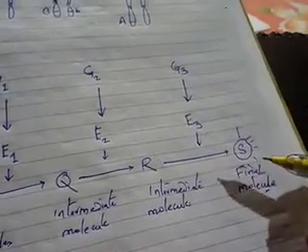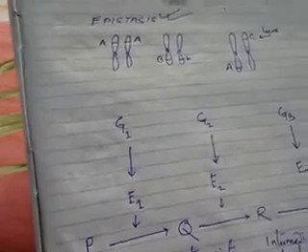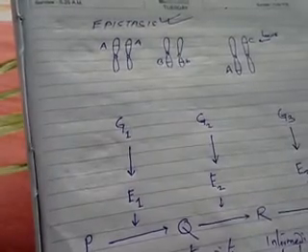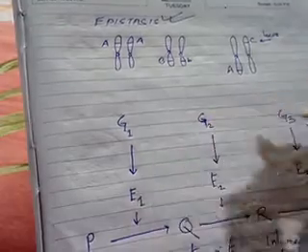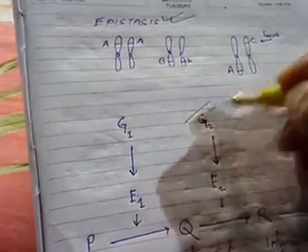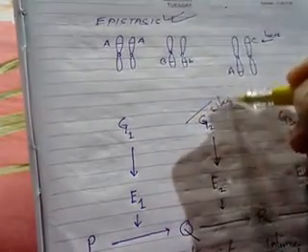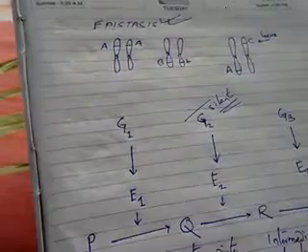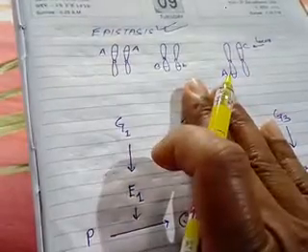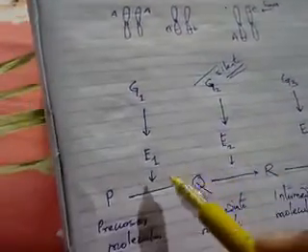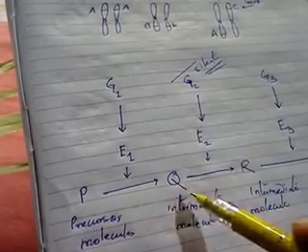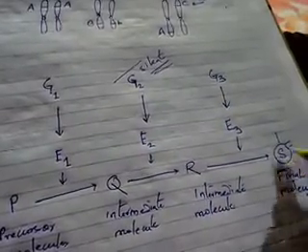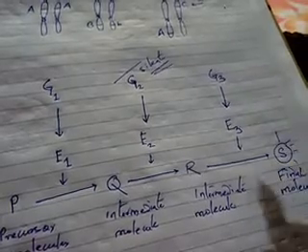But here, suppose the G2 gene remains silent, then the precursor molecule which has been converted to Q will not be able to convert itself into S. That means the final product S will not be available.